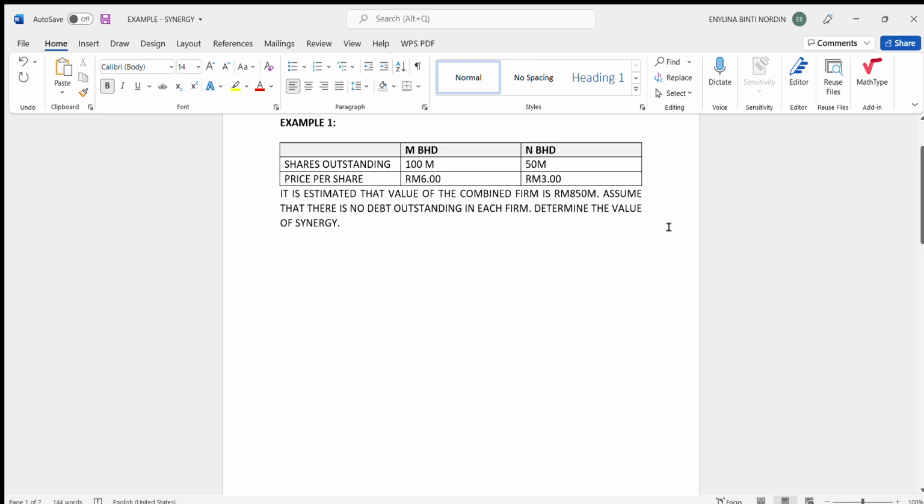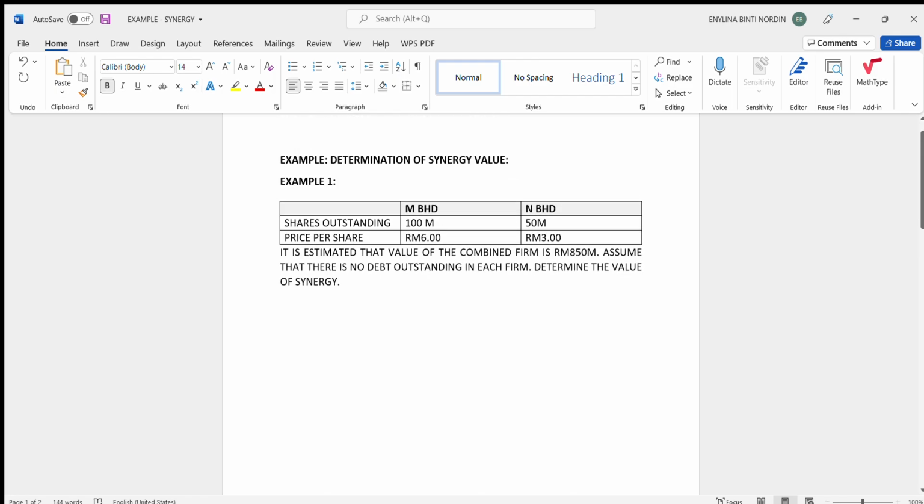So now I will continue with the example of synergy. I will show you how to calculate the synergy amount or value. For the first example, look at the question. The question gives you the information for shares outstanding or issued and the price per share for both firms. The expectation here is that the value of the combined firm is going to be 850 million ringgit.